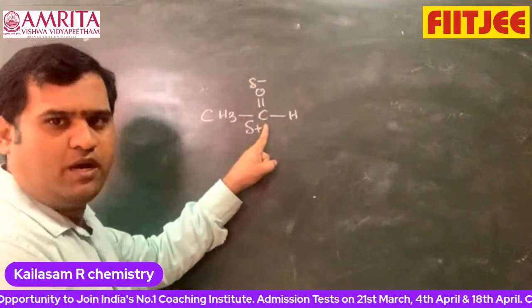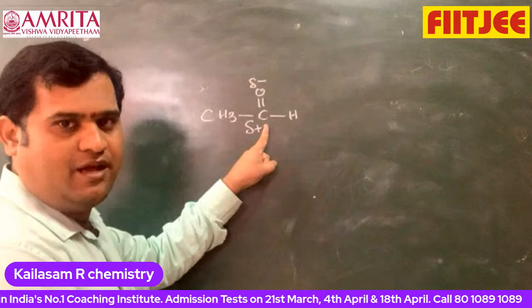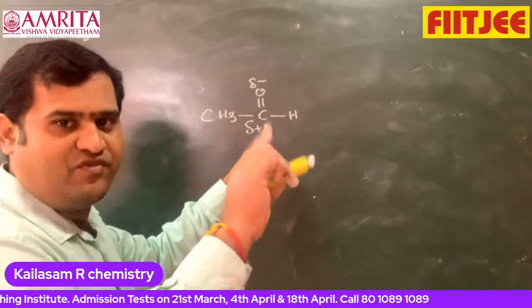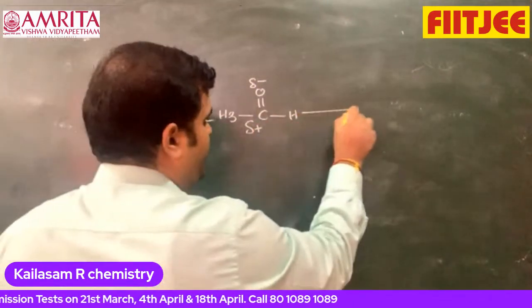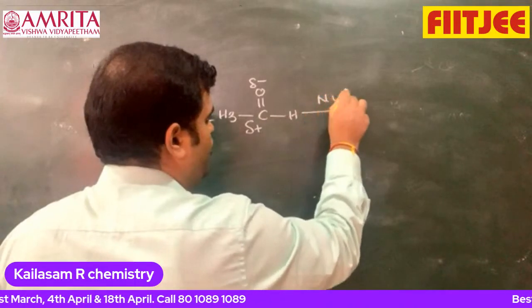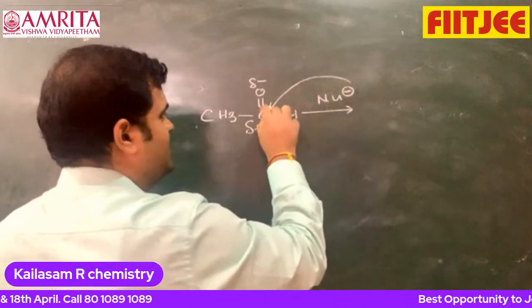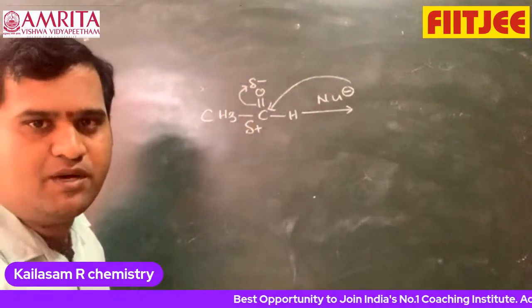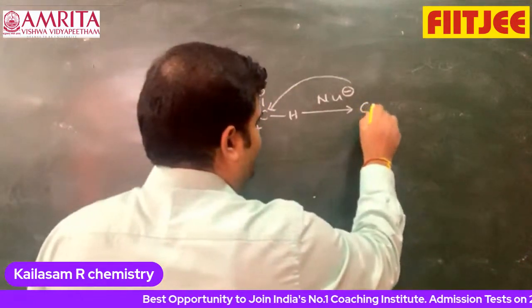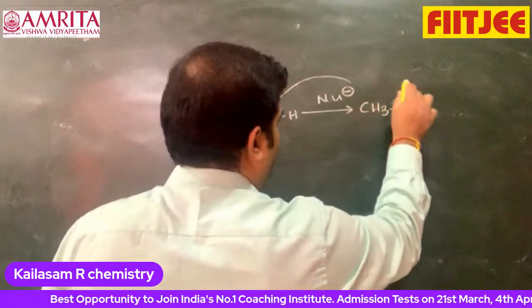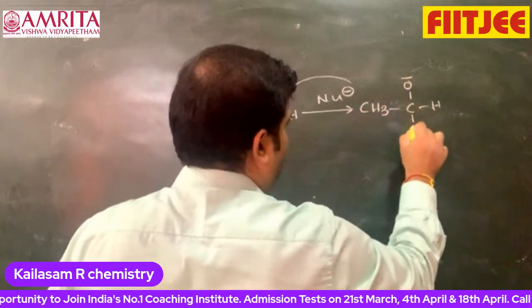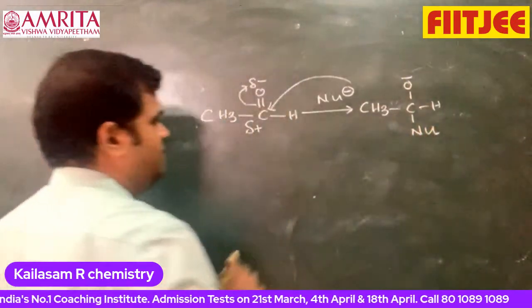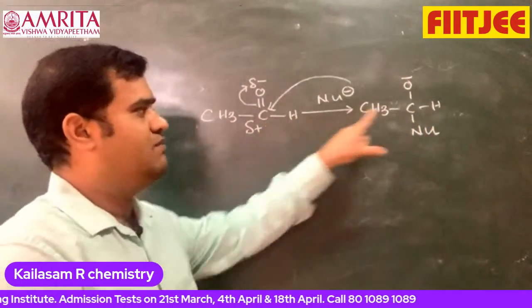It's an sp2 carbon and the bond angle is 120 degrees. Therefore, the incoming nucleophile, Nu minus, may attack from the front as well as the back side. So we get CH3 C with O minus, H and Nu. Observe what is happening: the sp2 carbon becomes an sp3 carbon.